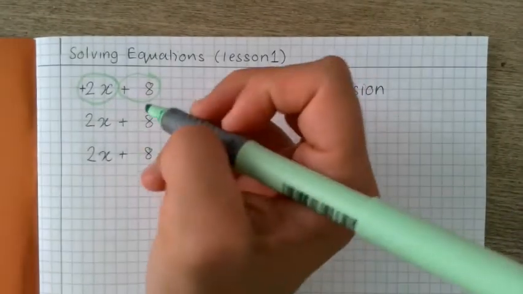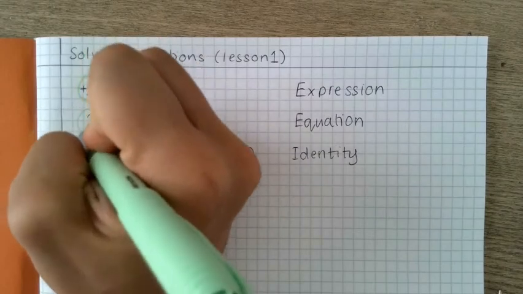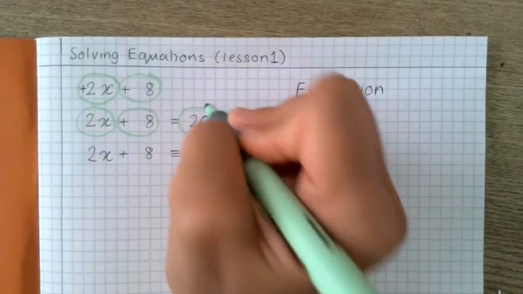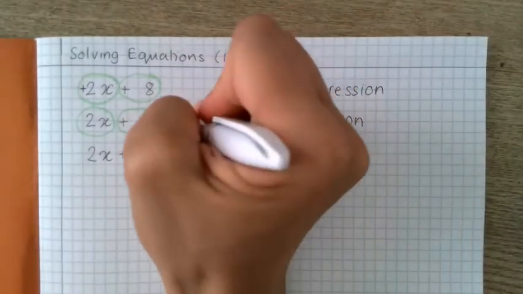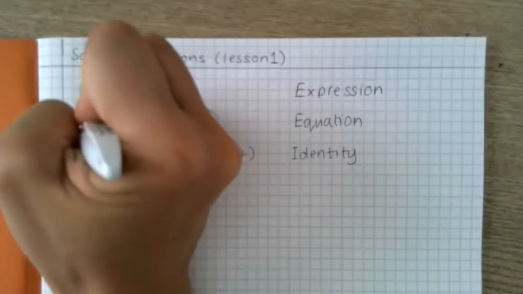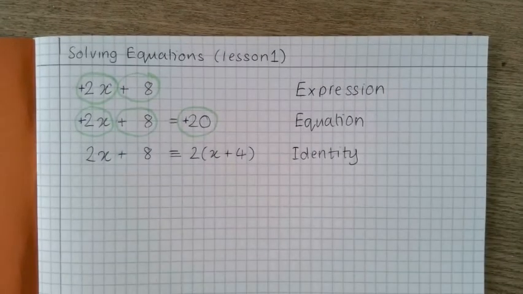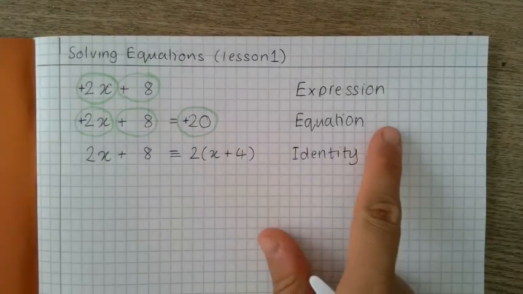In the equation we have the 2x term, or positive 2x, we have positive 8, and we also have positive 20.